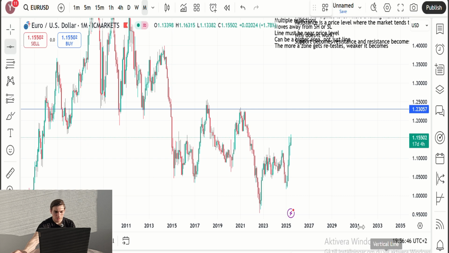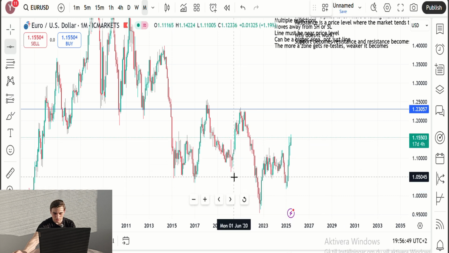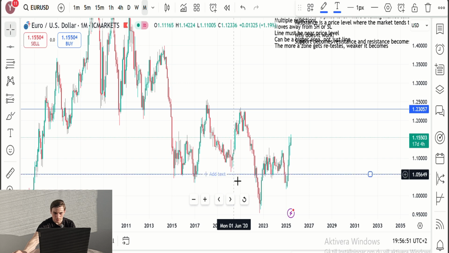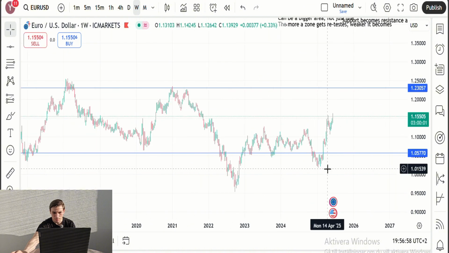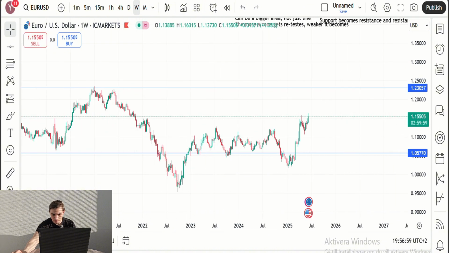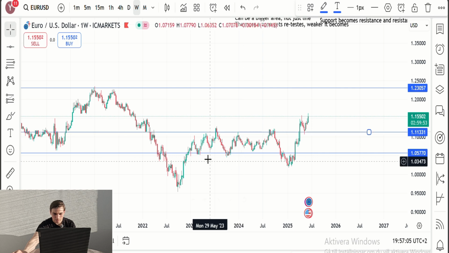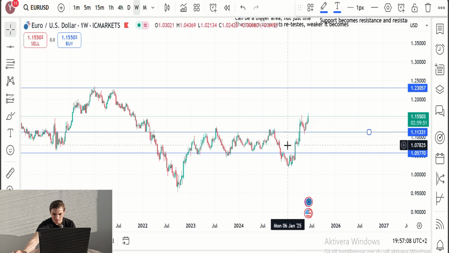I will put another resistance, the support right here. And since it's the monthly, you don't really need much. Then I go down to the weekly time frame. In the weekly time frame, I will mark this out right here. Resistance, resistance, it breaks and boom, it went down, support, you see?